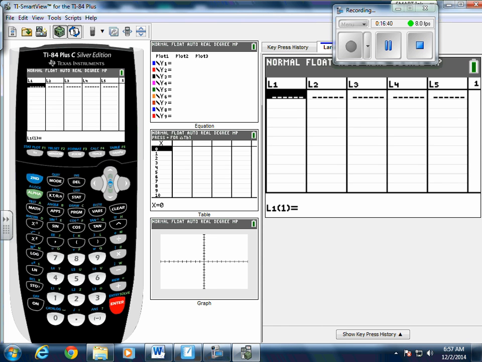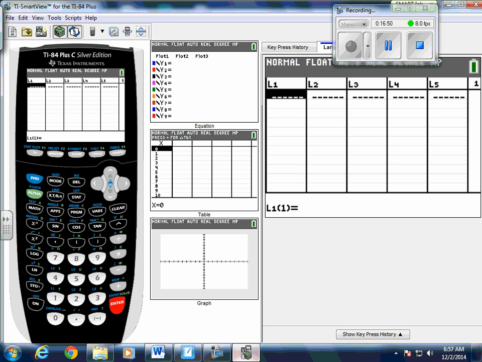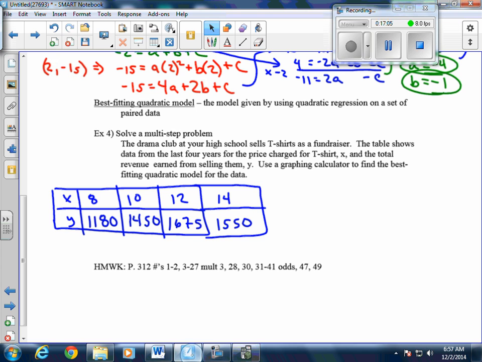Now we're going to go back to the data and put those in. Our X values, or list 1, are 8, 10, 12, and 14. Then we look at the data for the Y values, and that's our list 2.